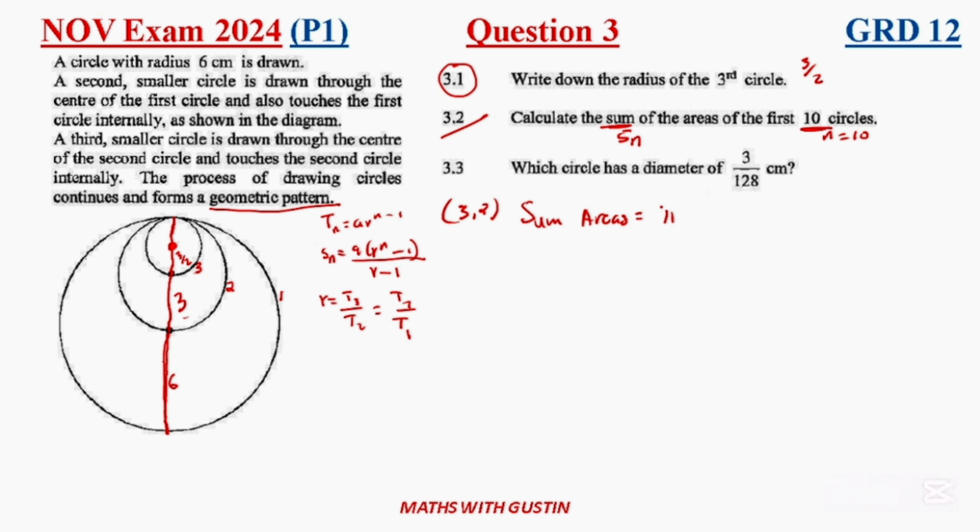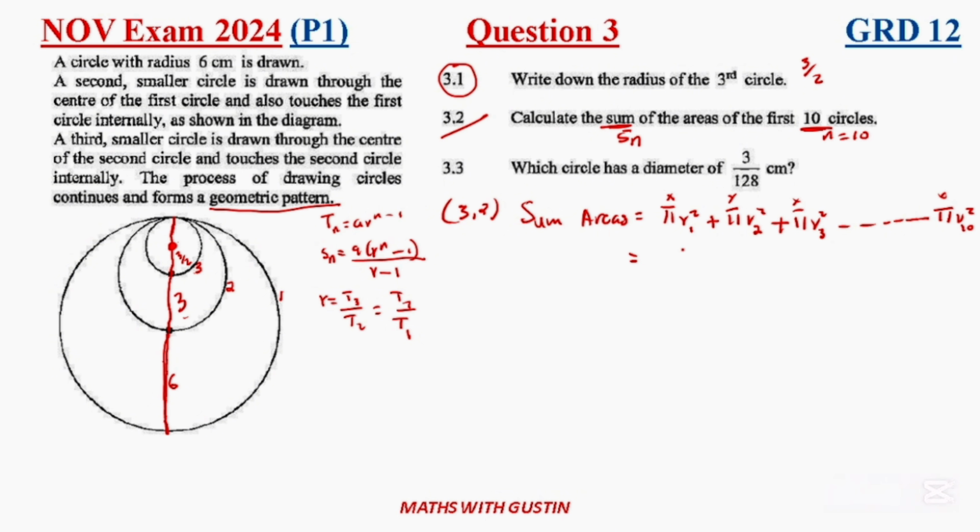It is pi r squared. Let's say this is for circle number 1, plus pi r squared for circle number 2, plus pi r squared for circle number 3, and so on up until pi r squared for circle number 10. Now if you have a look here, guys, we have a common factor, which is pi.